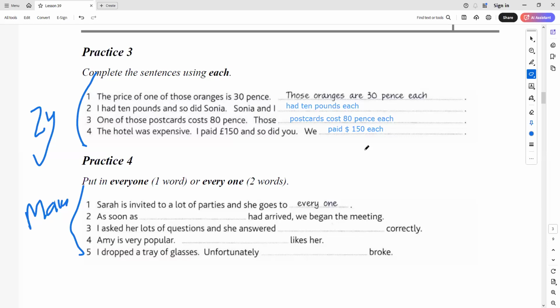Okay, so now we come to practice 4. Practice 4, Macarius. Macarius, start now.